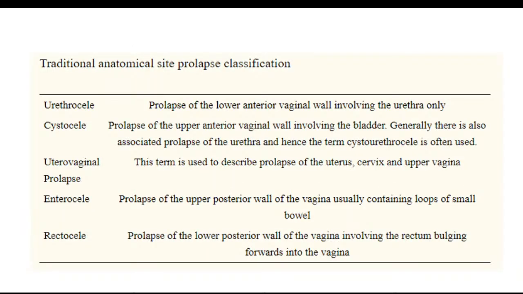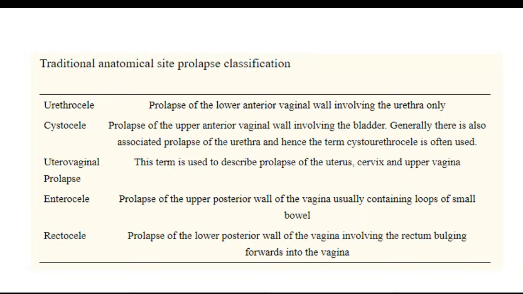Traditional classification of the prolapse represents different names like urethrocele. It's a prolapse of the lower anterior vaginal wall, which involves the urethra only. Cystocele, it's a prolapse of the upper anterior wall, which involves the bladder also.